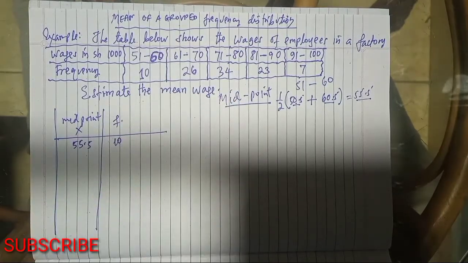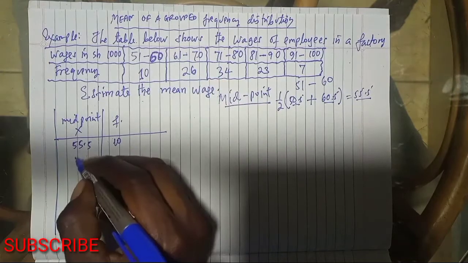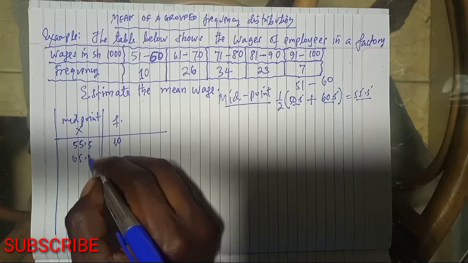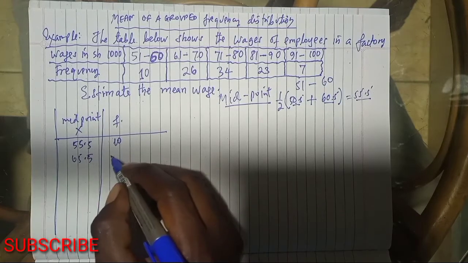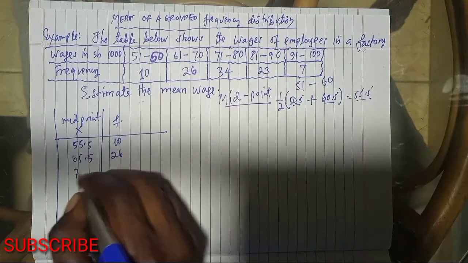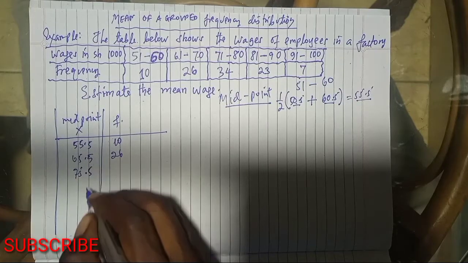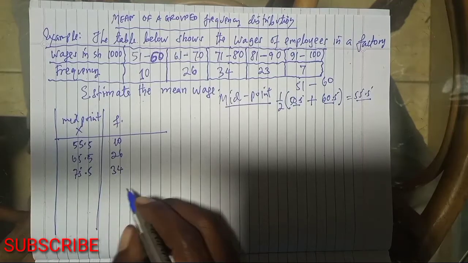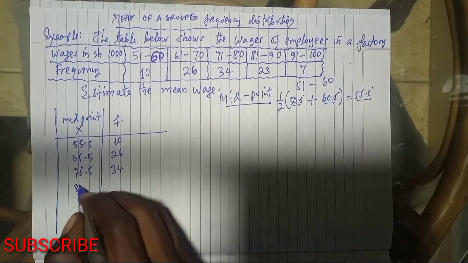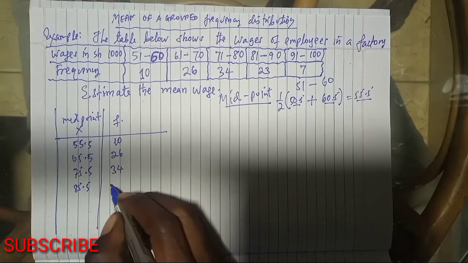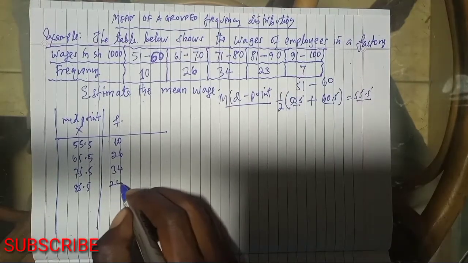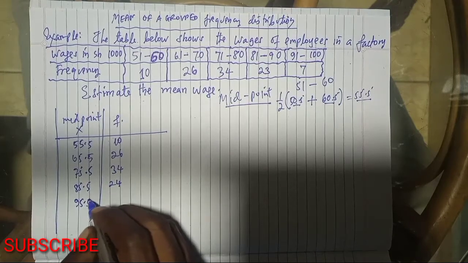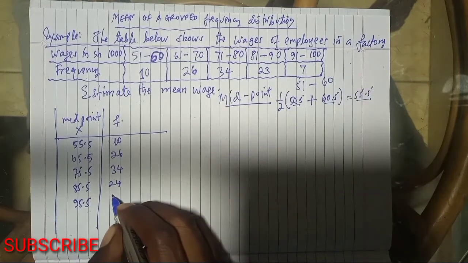The second midpoint is 65.5, and its frequency is 26. Then 75.5, and the frequency is 34. The next one is 85.5, and the frequency is 24. And the last one is 95.5, and the frequency is 7.